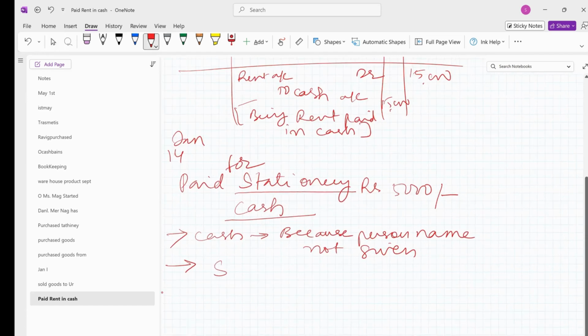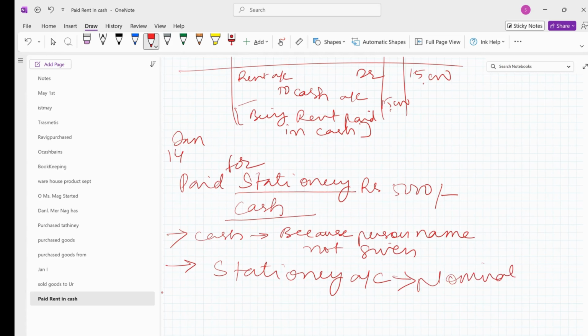So two important items: first one is stationery account, second is cash. Stationery account belongs to which account? Stationery is an expense or income? It belongs to nominal account.